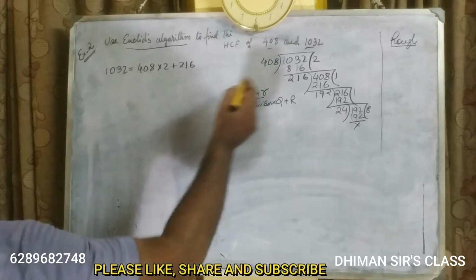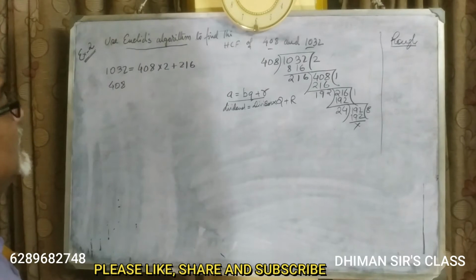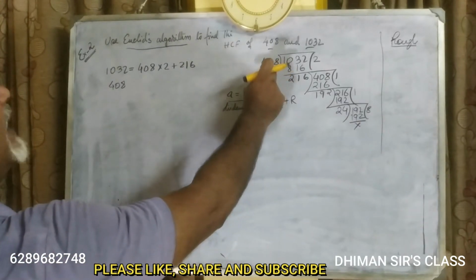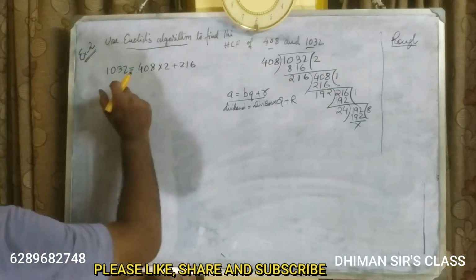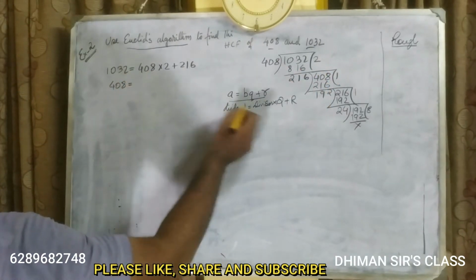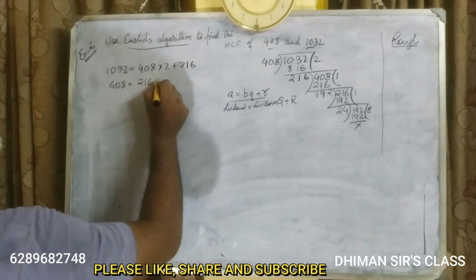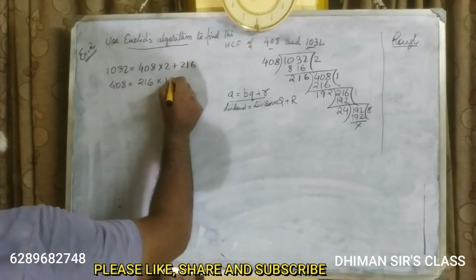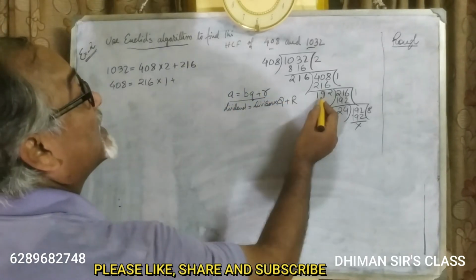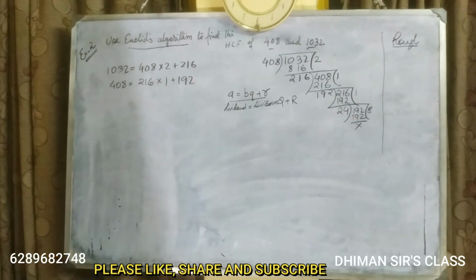This 408, the previous divisor, becomes the dividend. So dividend is equal to divisor 216 into quotient 1 plus remainder 192. Okay.